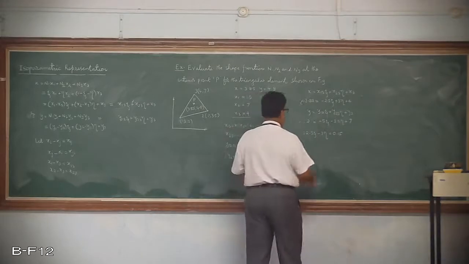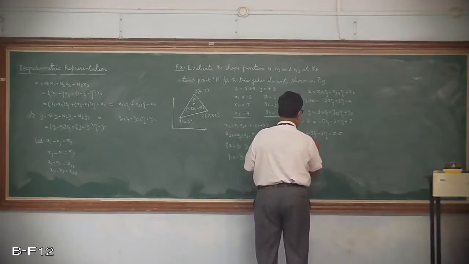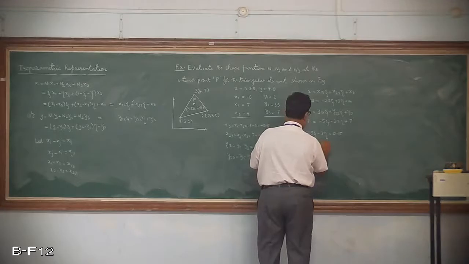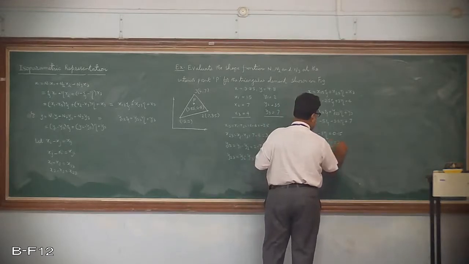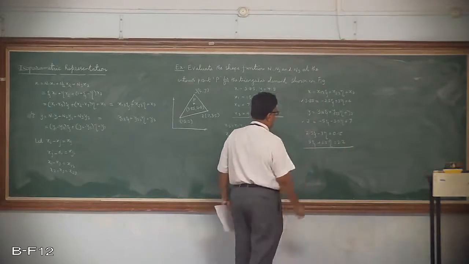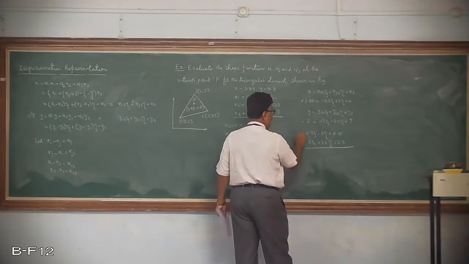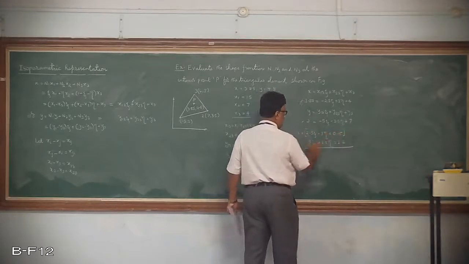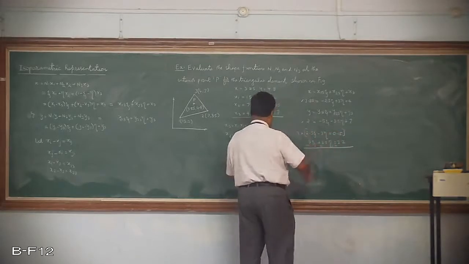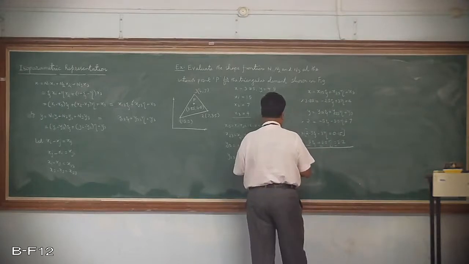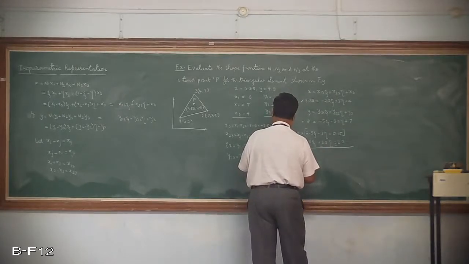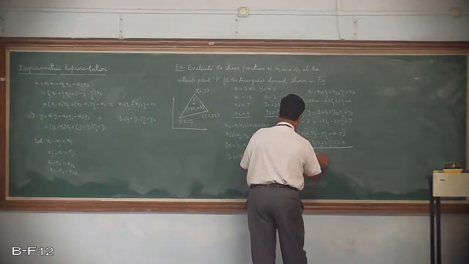Similarly, on the other side, 5 zeta plus 3.5 eta is equal to 2.2. To eliminate zeta, you can multiply the first equation by 2 and subtract. When you evaluate that, you will get minus 9.5 eta equal to minus 1.9, or eta equal to 0.2.